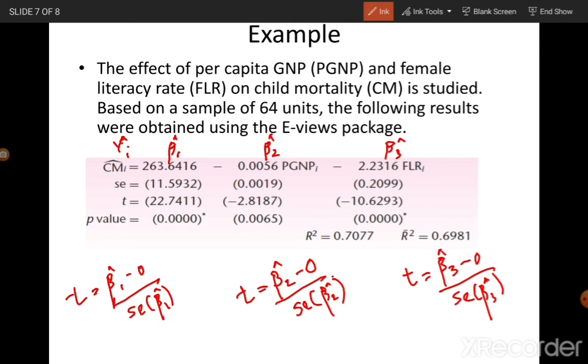The null hypothesis was that the population beta 3 is equal to 0. So if you cannot accept the null hypothesis, that means beta 3 is significantly different from 0, and hence I am saying that the variable female literacy rate has a statistically significant impact or influence on the y variable, child mortality.